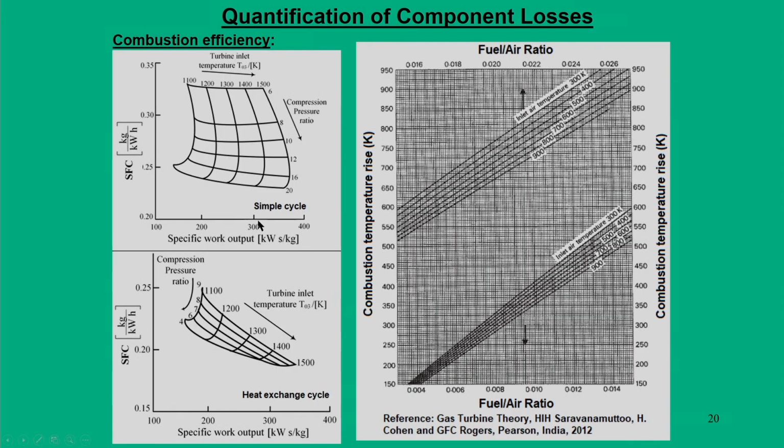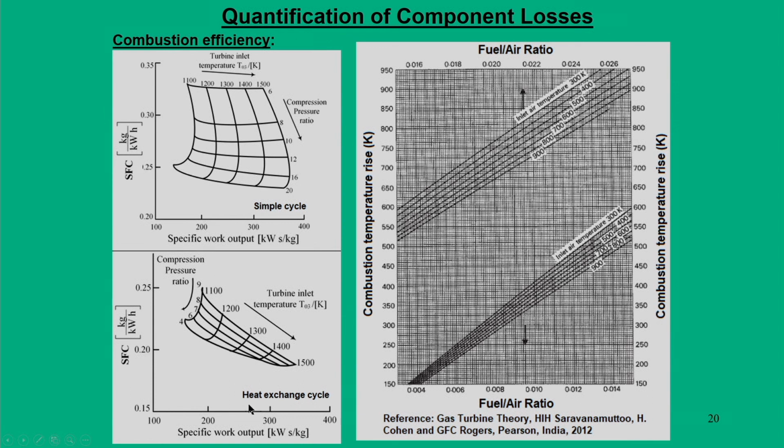This particular plot shows how, in real gas turbine engines, specific fuel consumption varies with specific work output for a simple cycle and for a heat exchange cycle. If you see here, another parameter was introduced, the turbine inlet temperature. With increase in the turbine inlet temperatures and with increase in the pressure ratio, you can see the specific fuel consumption drops. That means if you operate a simple cycle, we require a very wide range of specific fuel consumption.